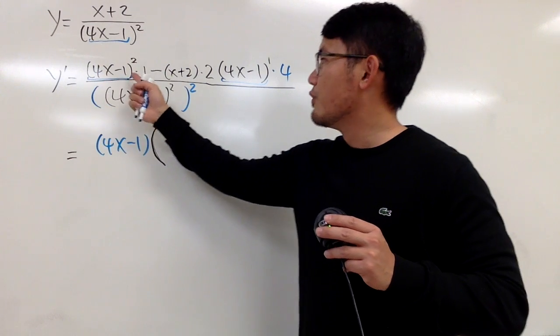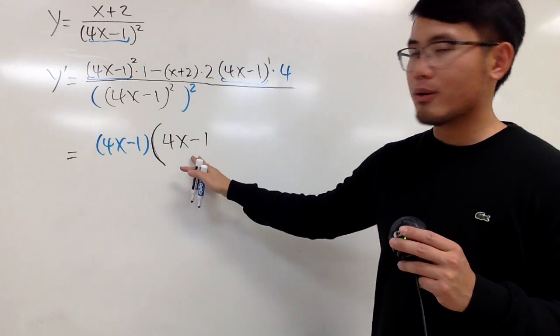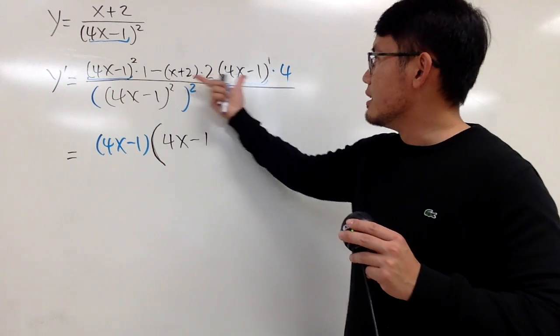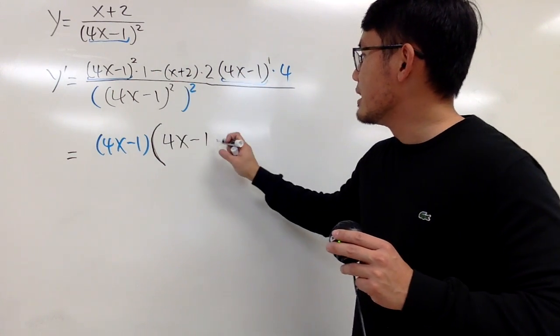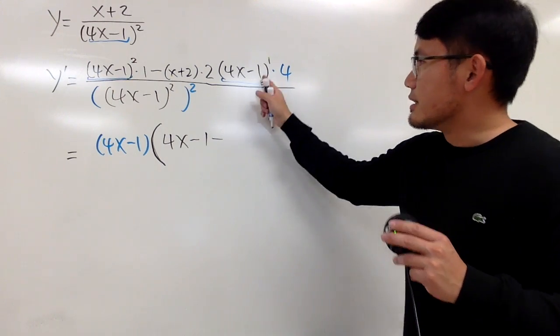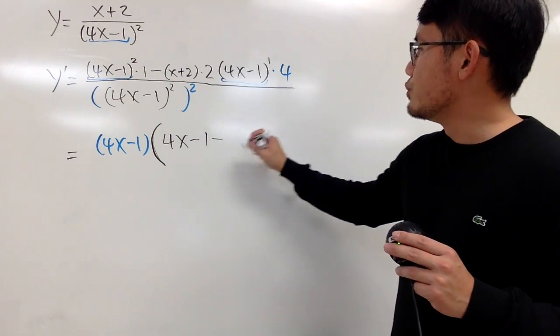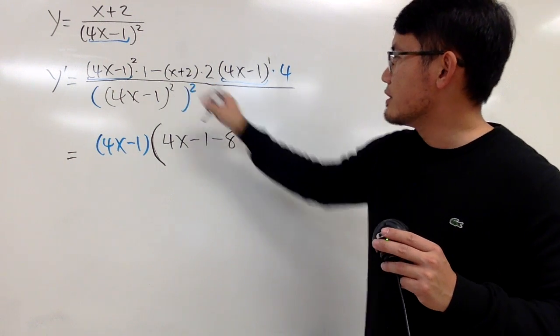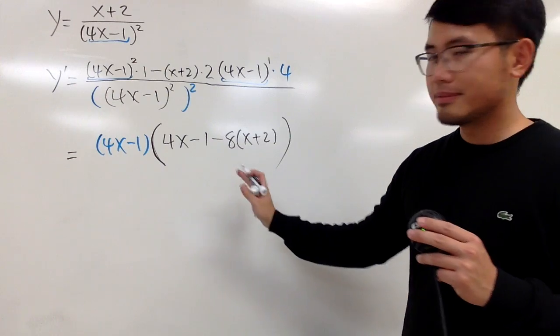So we have just 4x - 1 left right here. And then this is multiplying, so this is another term. We are going to put on a minus first. This is out already. So we do 2 times 4, which is 8. And we still have this factor. I'll put this down as parentheses (x + 2), like that, right?